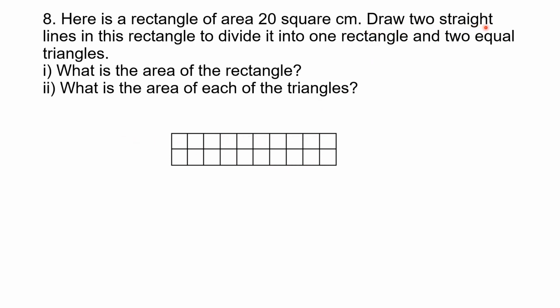Draw two straight lines in this rectangle to divide it into one rectangle and two equal triangles. What is the area of the rectangle? What is the area of each of the triangles? Let us count the number of squares in this rectangle.